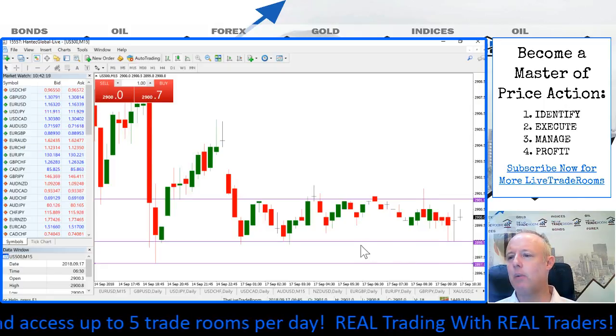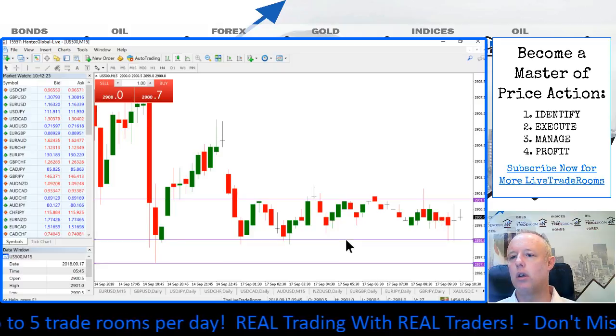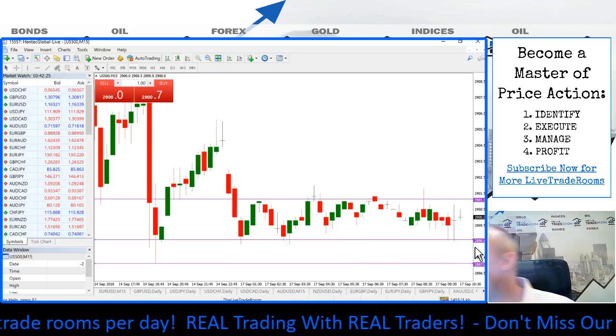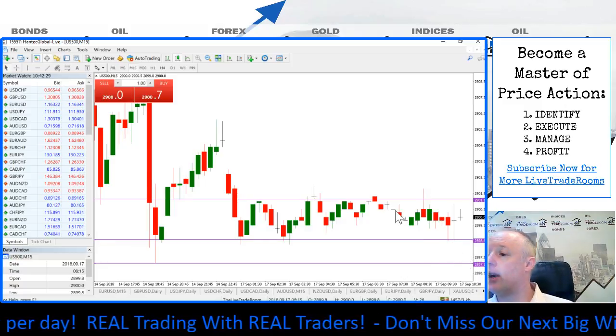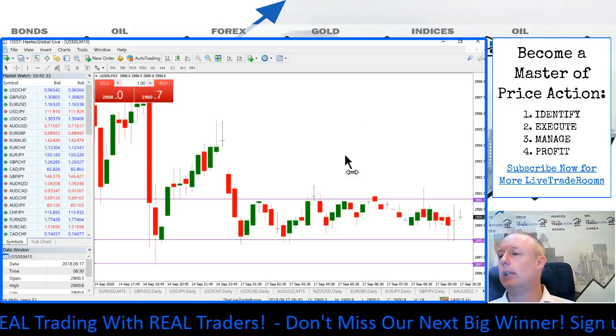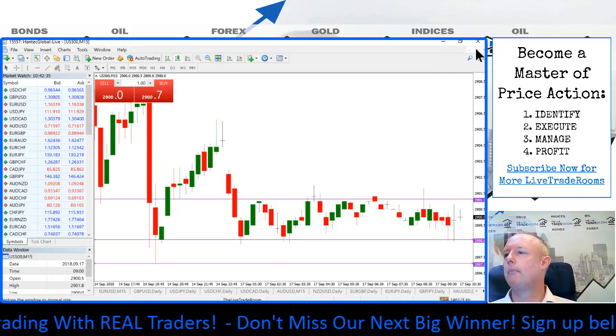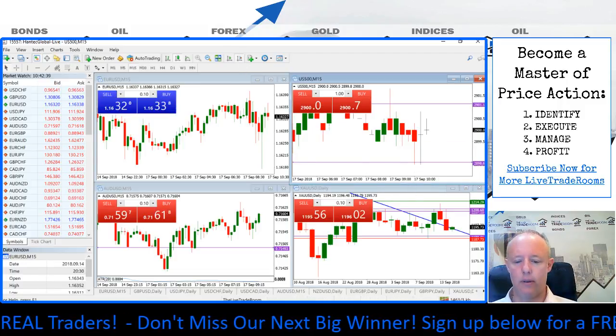So the first thing that we want to see is a close below the 28.98, and then we want to see this market continue lower and break through the 28.97. So you can put this back up on the screen.